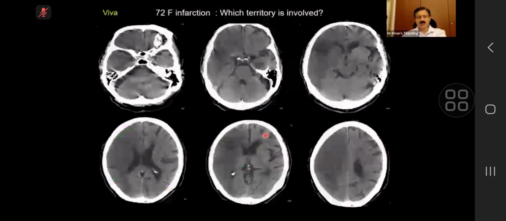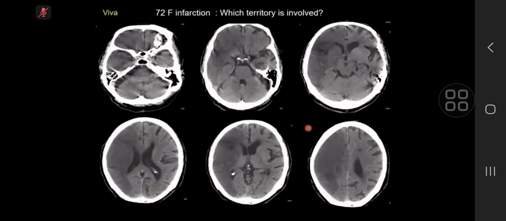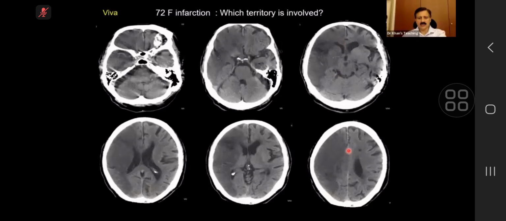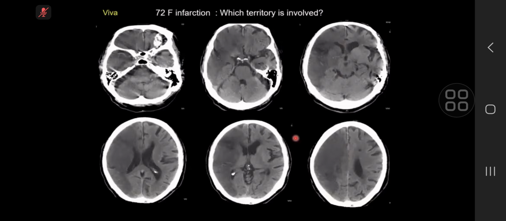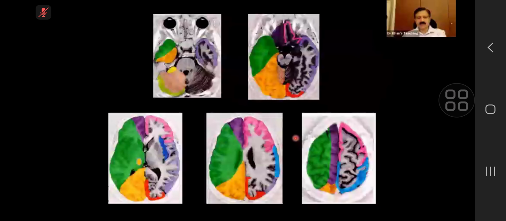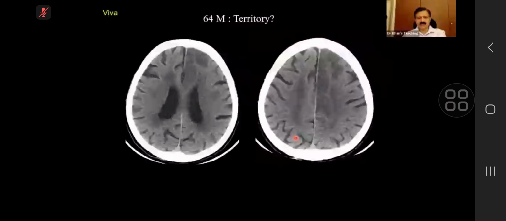Now with that background, just quickly, can you tell me which territory is involved? Right MCA. And is it going to the falx? So part of ACA could also be involved, so MCA as well as ACA. Which territory? Left ACA.